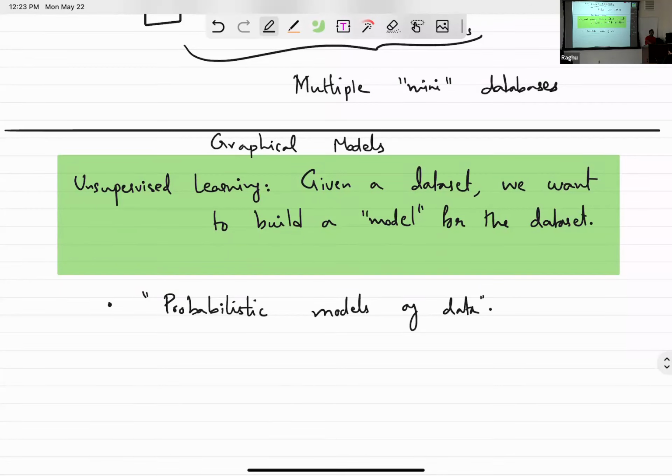So you're assuming that your data is being generated from some family of distributions, and you're trying to learn the underlying family.